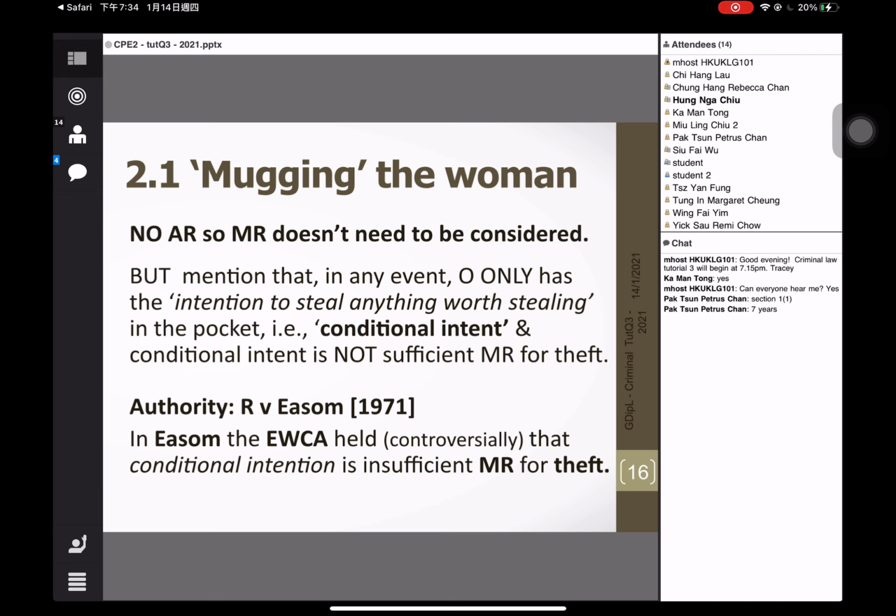There is authority that this so-called conditional intention is not sufficient mens rea for theft. However, as we will see later, conditional intention is sufficient mens rea for attempted crimes, and also for burglary with intent. The authority for this is Esom.